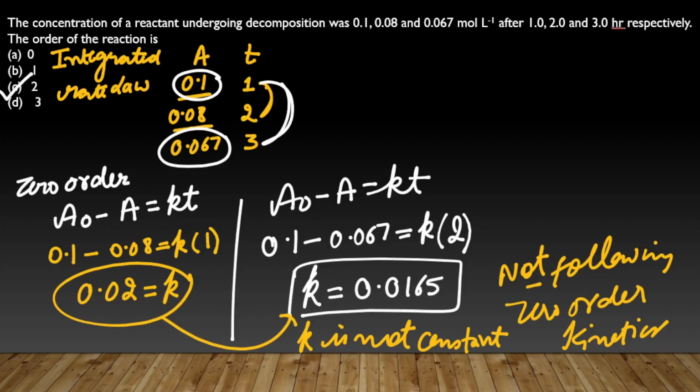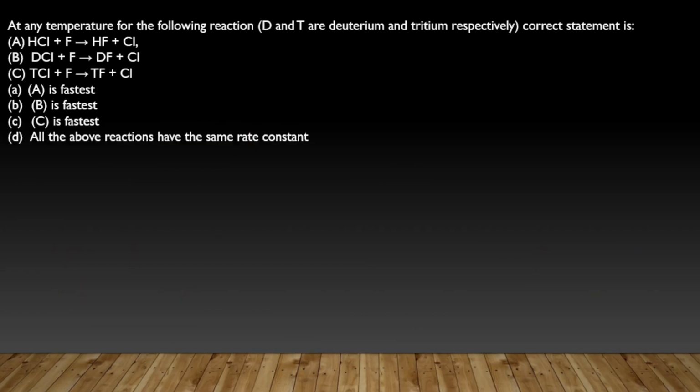Alright. Moving on to the next one we have. It says, at any temperature for the following reaction, where D and T are deuterium and tritium respectively, the correct statement is. So the reaction we are having is HCl combining with fluorine to give HF and Cl.